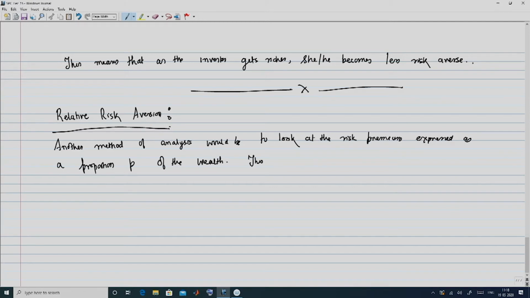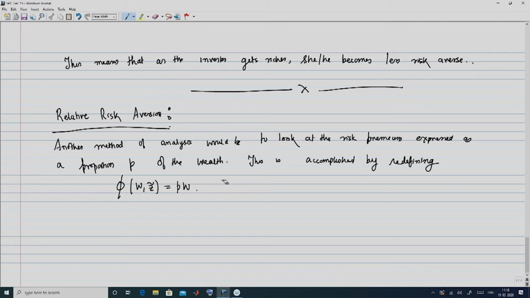This is accomplished by redefining phi of W, z tilde is equal to P of W.